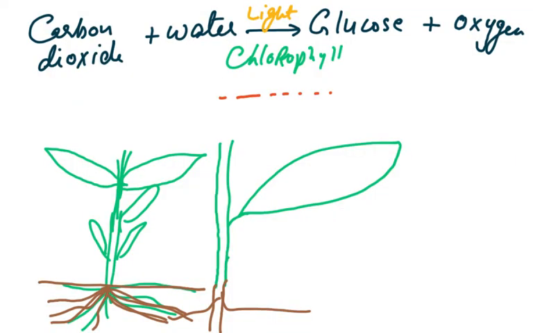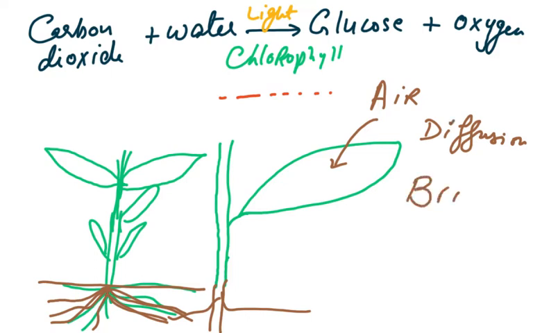Now looking at this equation, we have carbon dioxide. Where is the carbon dioxide coming from? Carbon dioxide is coming from the air and is entering the leaf. It is not entering the leaf, it is diffusing into the leaf. Why are we using the word diffusion? Because if it's a bright sunny day, then carbon dioxide is going to diffuse in.